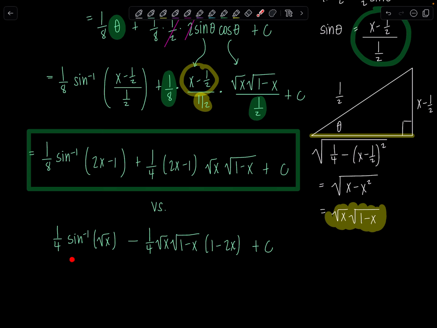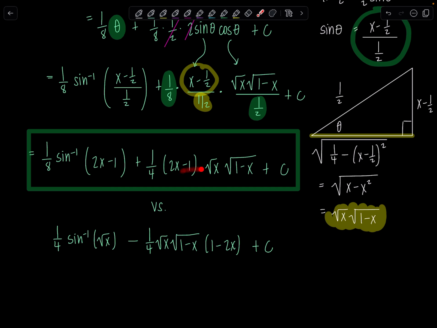These aren't identical. So how would you be able to confirm if your answer is the same? Well, you don't need to have a panic attack. I had my mother thankfully do the dirty work for me and she checked. So even though this was an indefinite integral, you can add limits of integration and evaluate both and make sure that you get the same value, okay? And also remember too, they can be off a little bit because of this plus c.